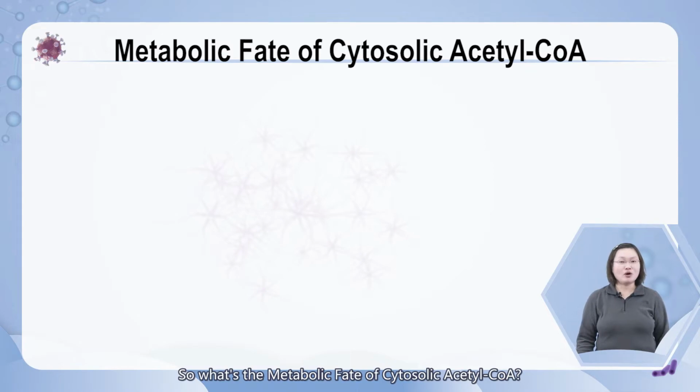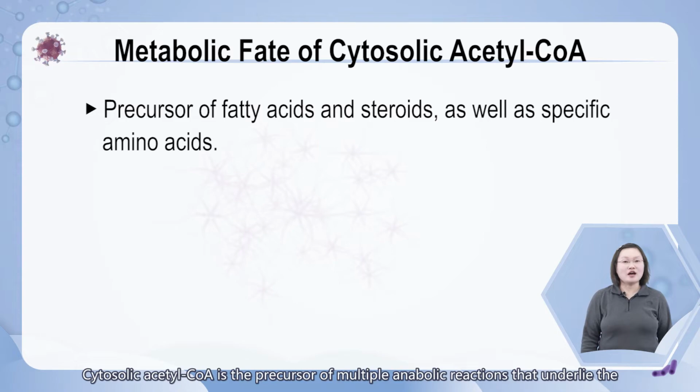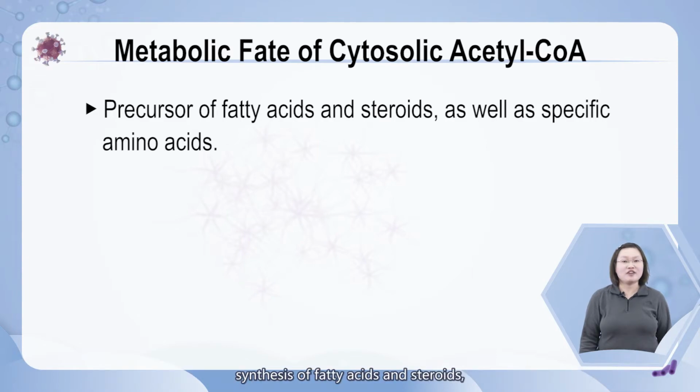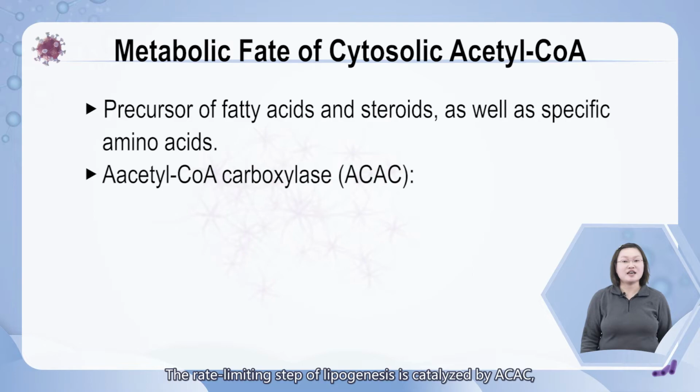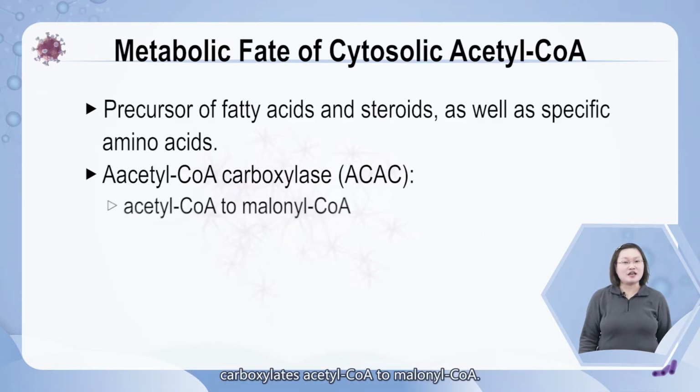So, what's the metabolic fate of cytosolic acetyl CoA? Cytosolic acetyl CoA is a precursor of multiple anabolic reactions that underlie the synthesis of fatty acids and steroids, as well as specific amino acids, including glutamate, proline, and arginine. The rate-limiting step of lipogenesis is catalyzed by ACAC, a biotin-dependent enzyme that irreversibly carboxylates acetyl CoA into malonyl-CoA.